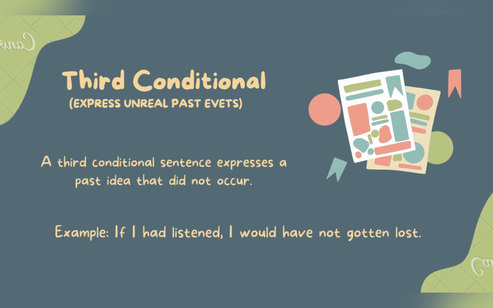The dependent clause of the third conditional begins with if and uses the past perfect tense. The independent clause of the third conditional uses would have plus the past participle of a verb. For example, I would have wrapped his present if he had left.